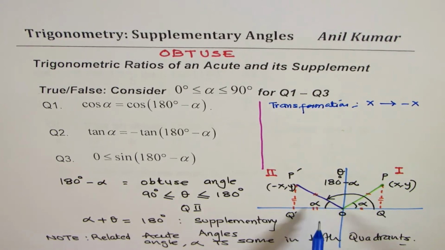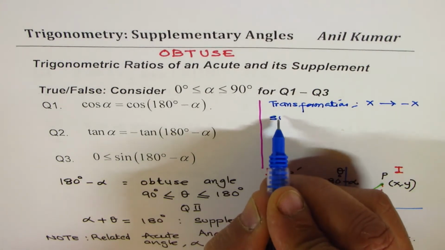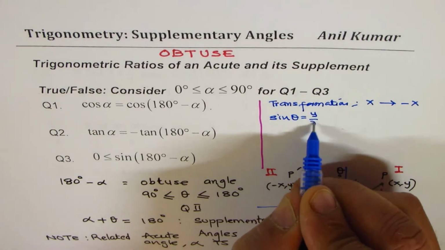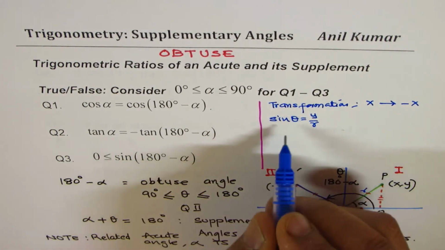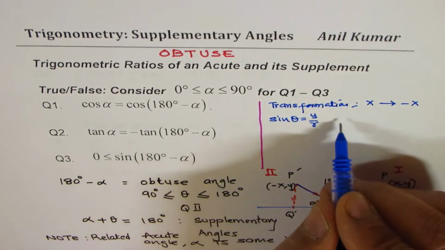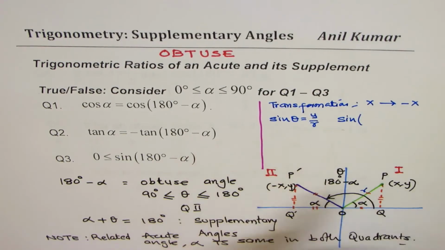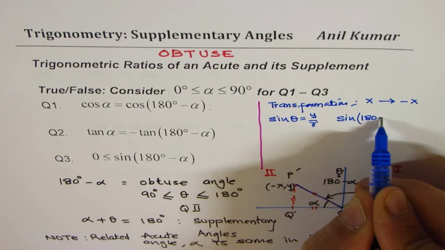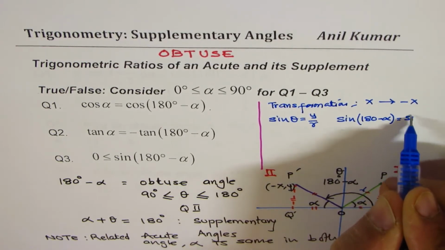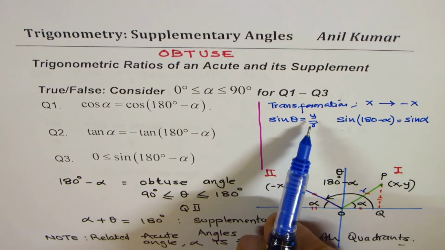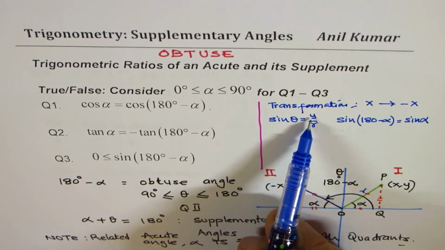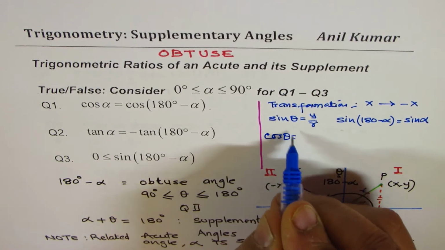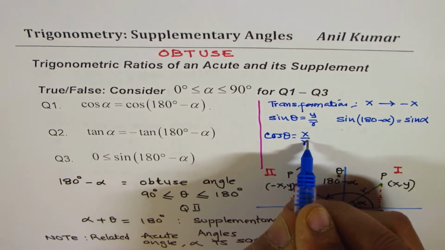cosine values, right? Since sine of theta is equal to y over r, where r is the length, sine does not change, right? Sine 180 minus alpha will be equal to sine alpha, since it is dependent on y, not on x. However, if you see cos theta is x over r.